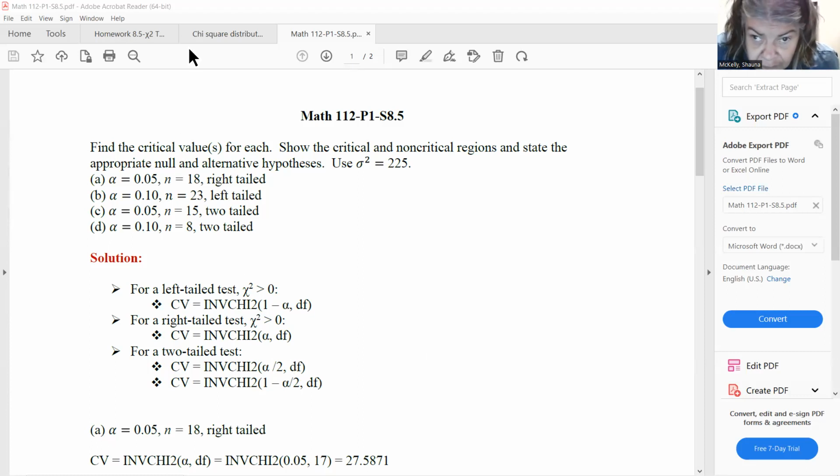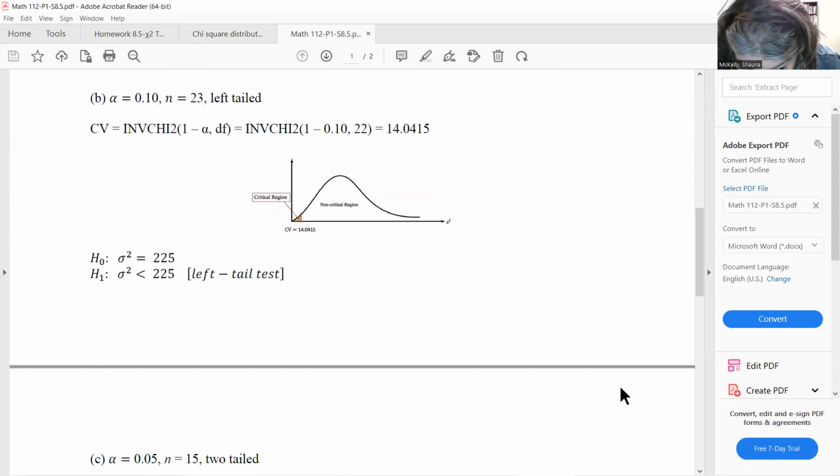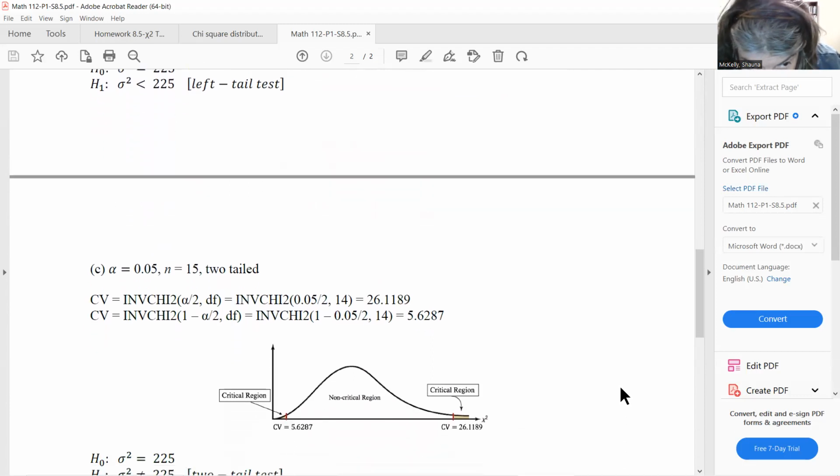So let's see. Let's get the calculator out. And remember, this was for part C, alpha is 0.05 and n is 15.